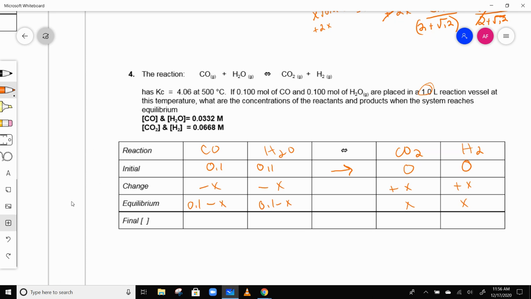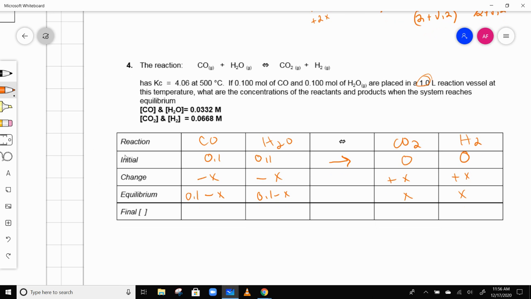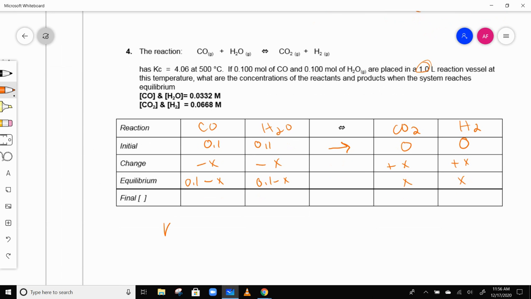So again, using our KEQ statement, our KC statement, KC equals 4.06. That's equal to products, or x squared, because x times x, over reactants, which is (0.1 minus x) quantity squared. These ones are pretty simple. We're just going to be taking the square root.